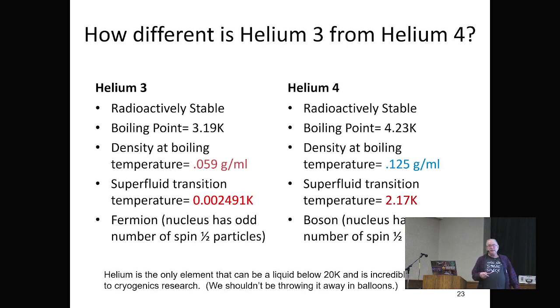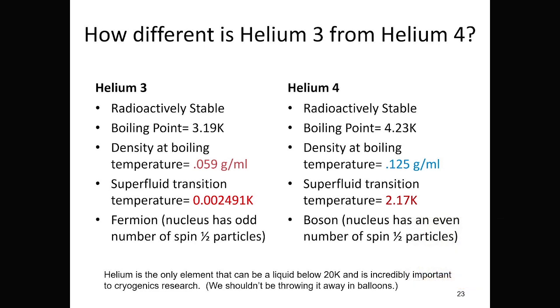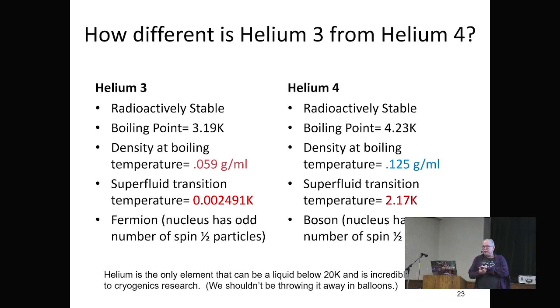And it turns out one of the reasons that the dilution refrigerator works is that at low temperatures, helium-3 atoms can ignore helium-4 atoms. They look like what's called a heavy vacuum to the helium-3 atoms. And the way the dilution refrigerator works is the helium-3 atoms boil out of the helium-4 mixture and cool off the final pot at the bottom of the dilution refrigerator, which achieves the lowest temperature.